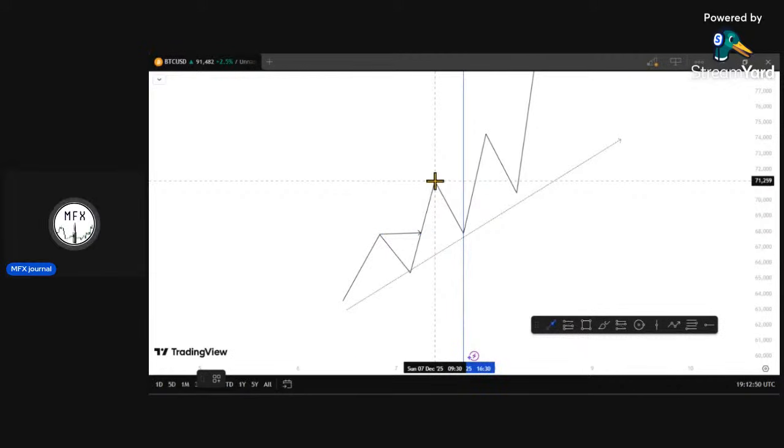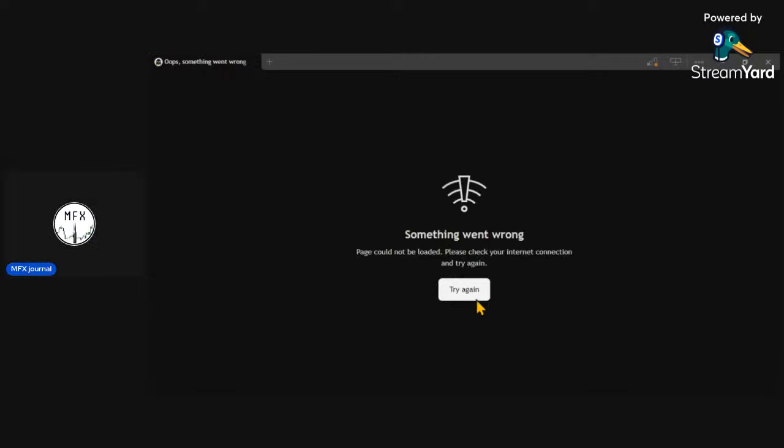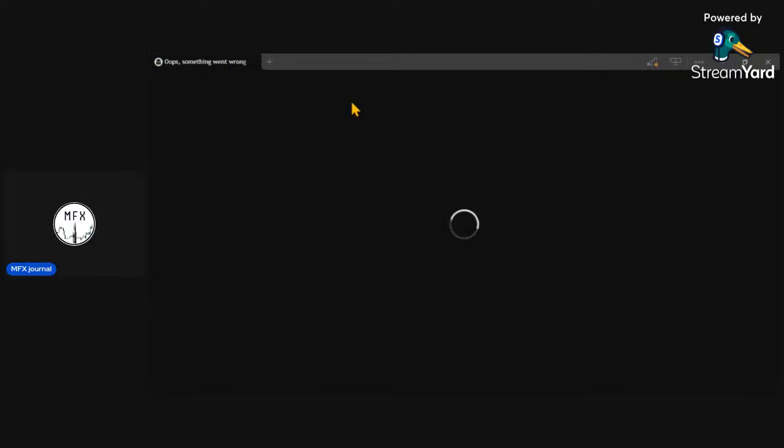For example, here again, price takes out this high. And then when there is a retracement, for example right here, there's a huge retracement to the downside. The moment I see a change of character on the lower time frame, maybe 4 hours, the network is very bad.